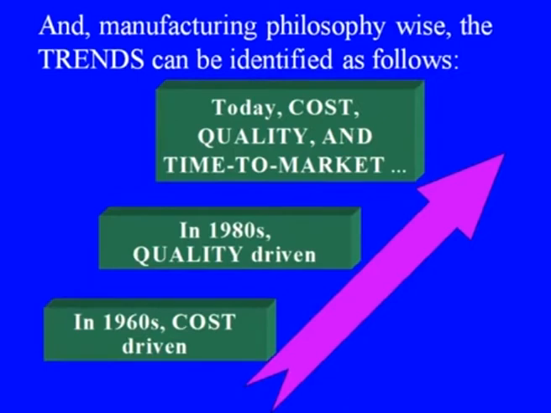In the 1960s, it was basically cost driven. Then towards 1980s, it became quality driven. However, if we see today, cost, quality and time to market are the basic drivers in manufacturing.